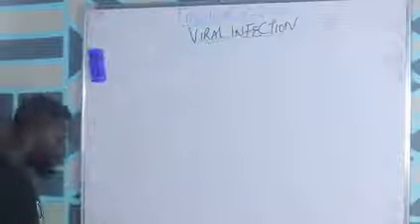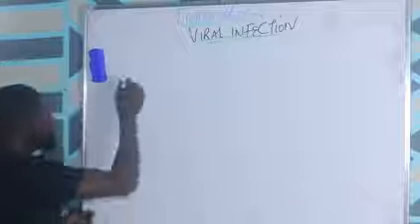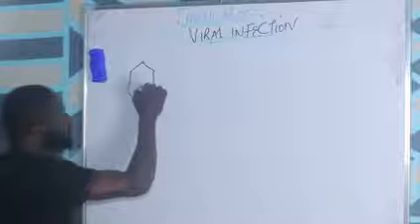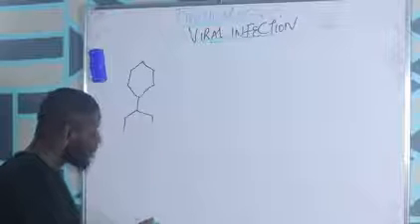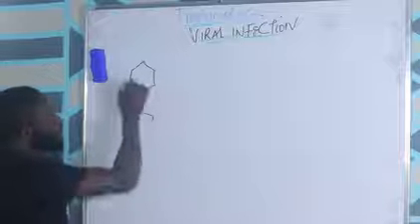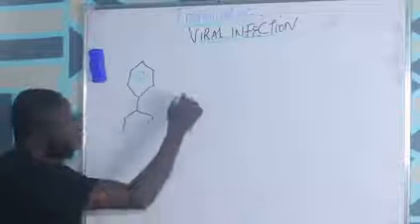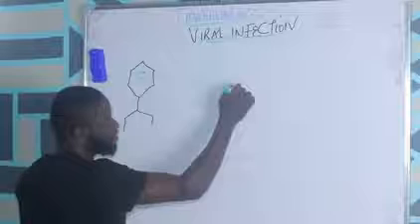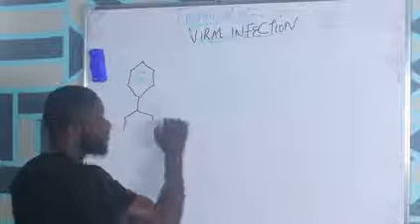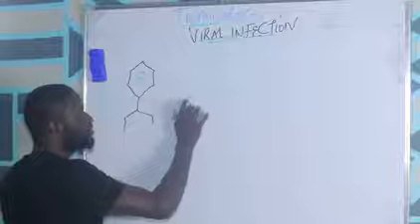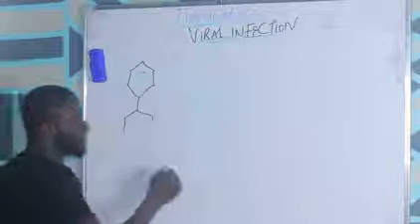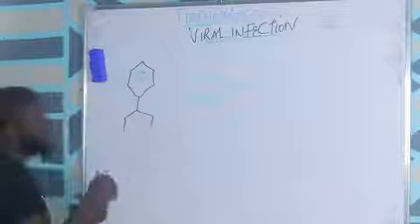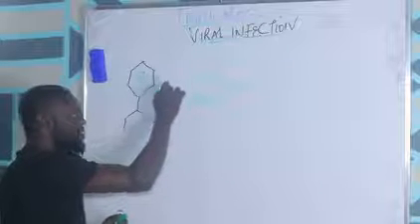Okay, let's say the same virus happens to infect a macrophage. So I'm going to represent an empty theta as my macrophage. Let's say the same virus infects a macrophage.